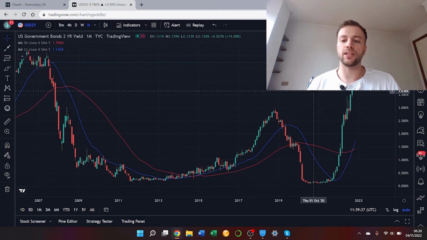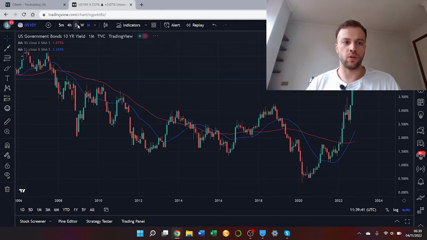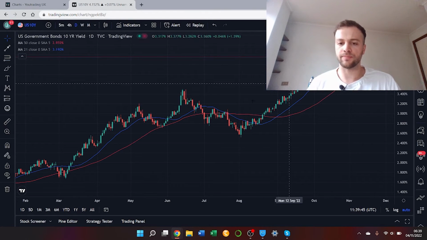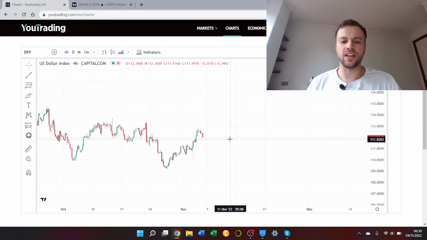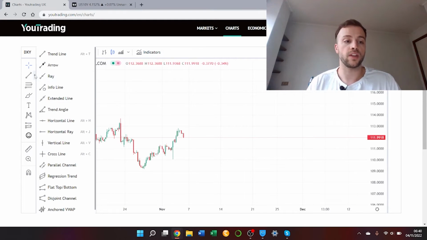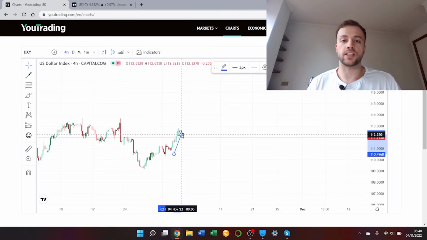So we saw that spike in yields across the curve. You can also see it in the 10 year a little bit, although it wasn't quite as extreme, but we have rallied still in the 10 year. And when US yields rally, you also see a rally in the US dollar, not just because of the flows of money back into the US to take advantage of those higher yields, but also for other factors such as demand for safe haven assets.